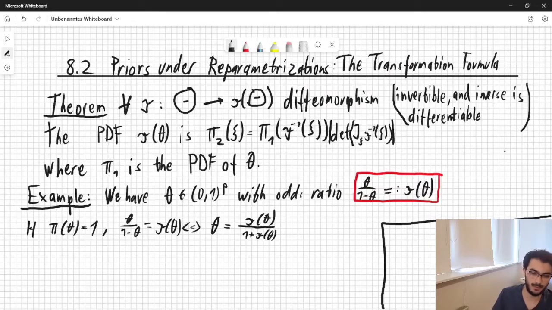In other words, the inverse of psi of theta for some psi in the image of tau is psi divided by 1 plus psi.